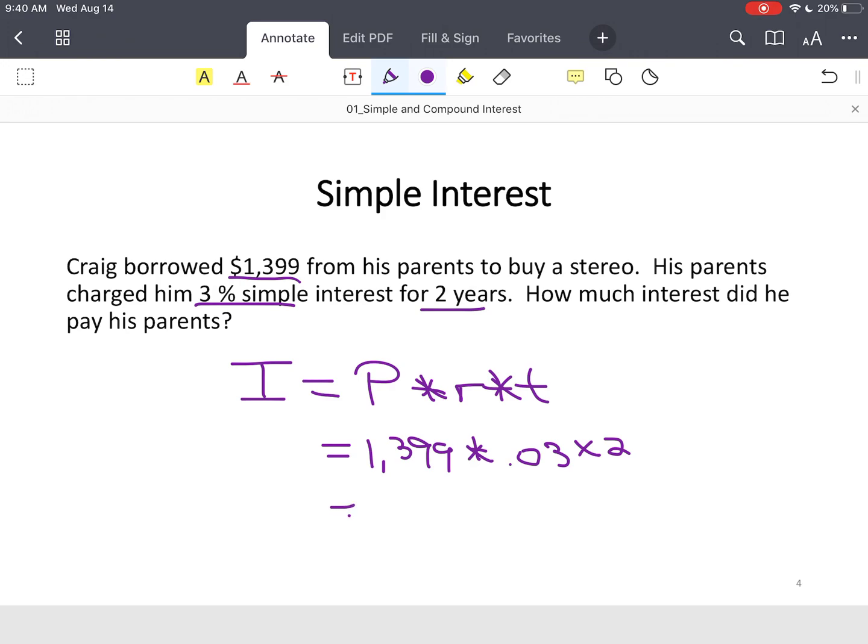And Craig will end up paying his parents $83.94 in interest. Again, that's just the interest portion. Then ask about the total amount repaid.